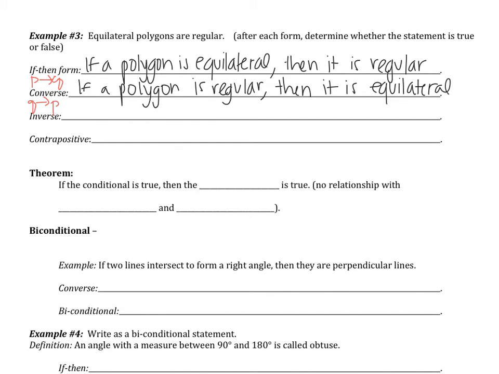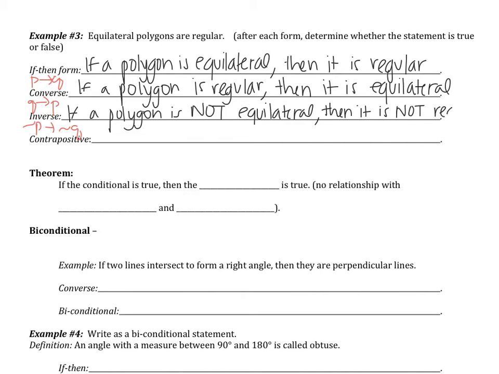Okay, so inverse, you should have negated both P and Q. So if a polygon is not equilateral, then it is not regular.